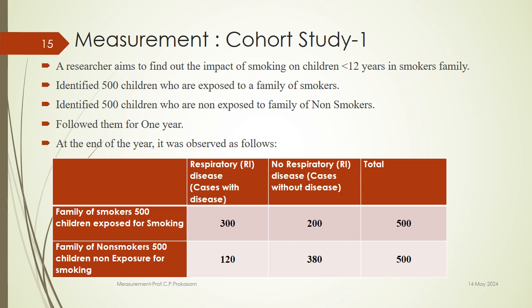At the end of the year, he observed the following data: among the 500 in the families of smokers, 300 children are cases with respiratory diseases and 200 are without respiratory diseases. Similarly, among the 500 in the families of non-smokers, 120 are cases with respiratory diseases and 380 are without respiratory diseases at the end of the 1 year period.